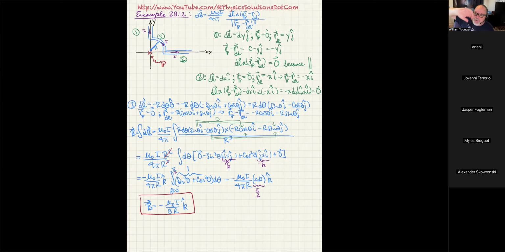That shows that my fingers are curling down into the page. That means the direction is into the page, and we already found out from the right hand rule, since I drew x hat to the right and y hat up, the k hat is coming out of the page, so that's why we got the negative k hat. So that's why the direction is negative k hat, but that formula is always going to work.